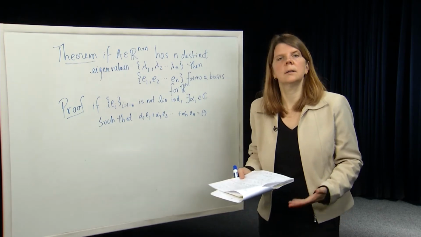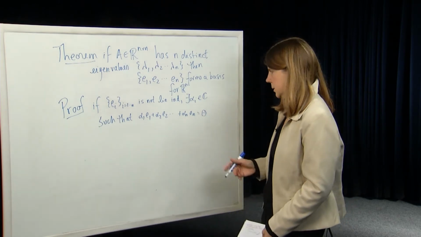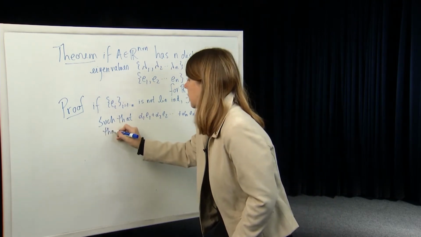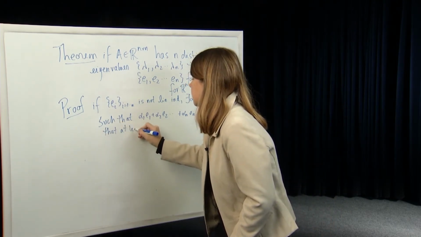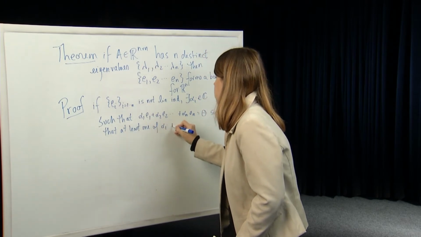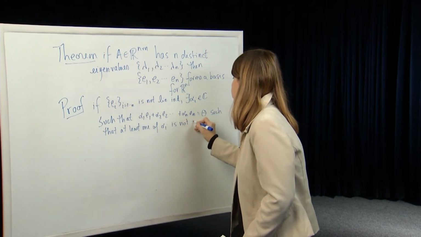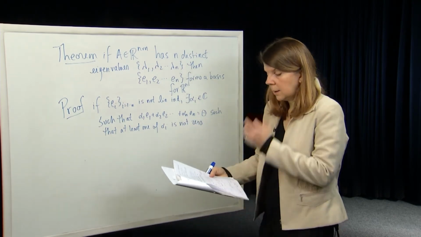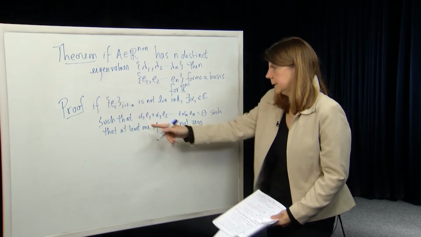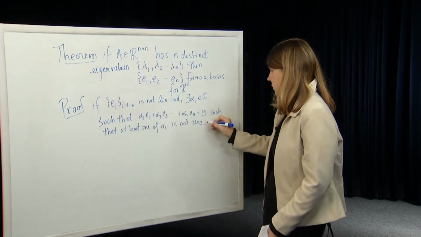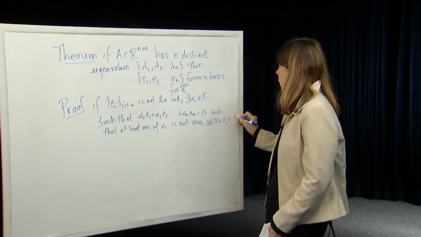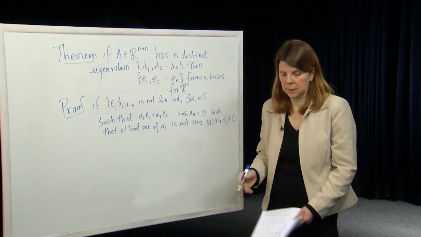So at least one of the alpha i's is not 0. Okay, and then we can go on. Let's assume, without loss of generality, that alpha 1 is not equal to 0.